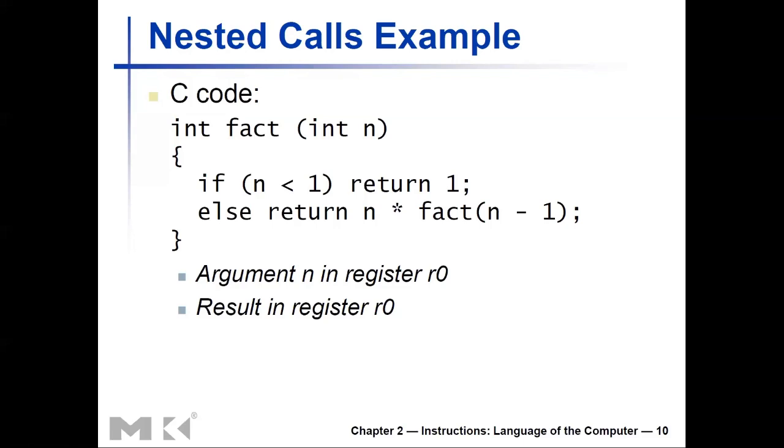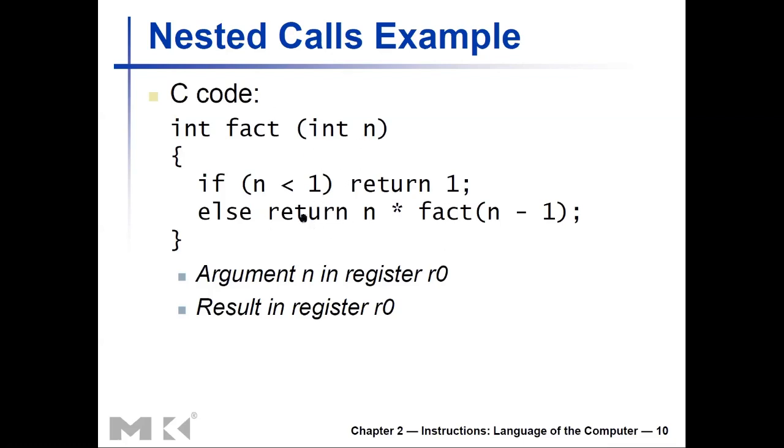Since we are dealing with nested function calls, in addition to R4 to R11 that you want to use inside the function, the other things that you will need to store in the stack for this example are the link register, yes, and also what else? N. Yes, the original value n, or the argument passed on to the function.